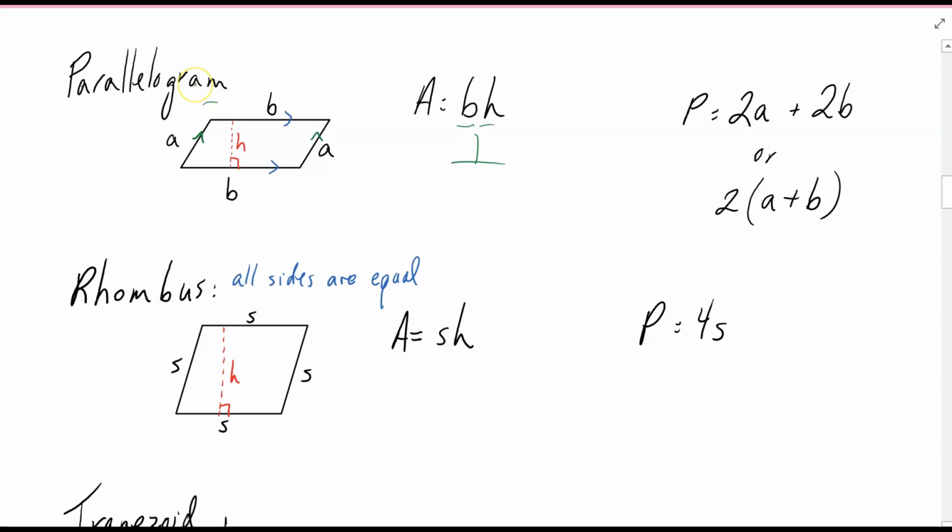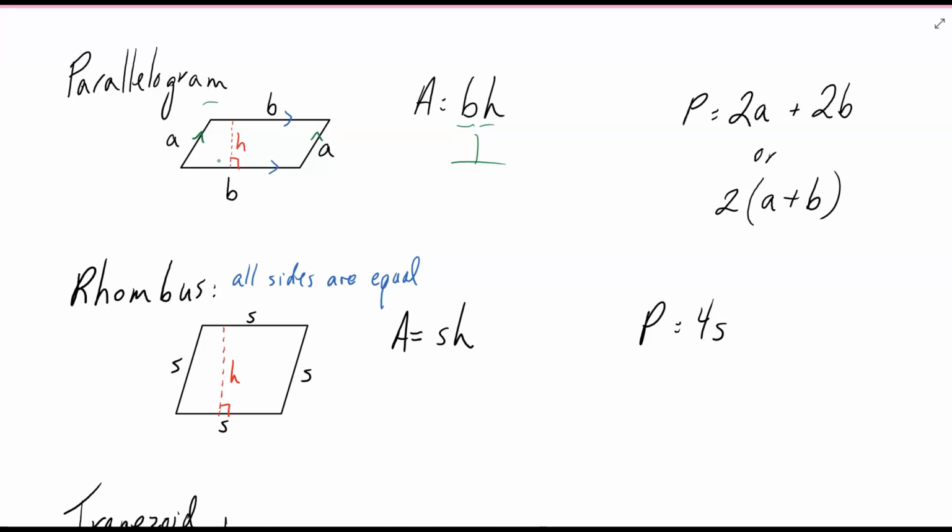So the height is the perpendicular distance between the 2 parallel bases. And when multiplied by the base length, you get the area of the parallelogram. The perimeter is 2 times the slant heights, A, plus 2 times the bases, or 2 multiplied by A plus B.